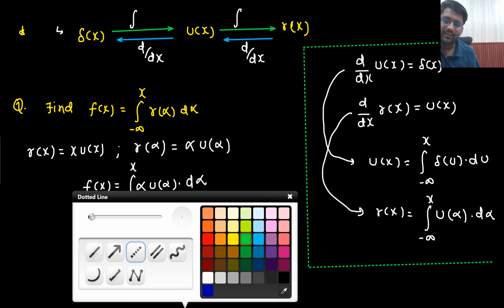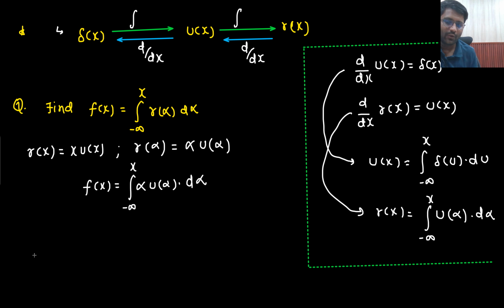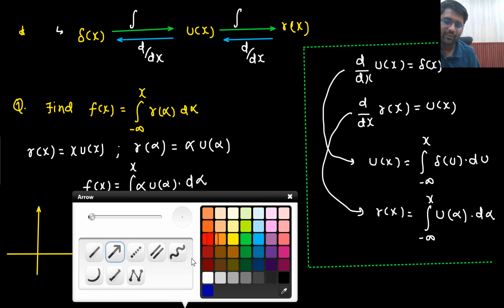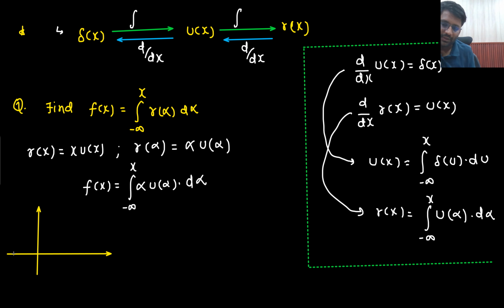Now you know one thing, that sir, if there is something called u of alpha coming, that means if I draw the graph of r alpha, then from where it will be starting? The graph will be starting from 0 only, no? Like from minus infinity to 0, what will be the result? If I integrate from minus infinity to 0, the result will be 0 only. After 0 to x, let's just say x is somewhere here.